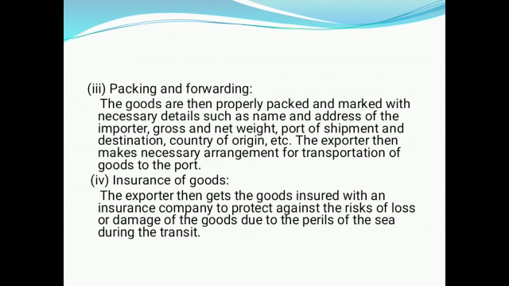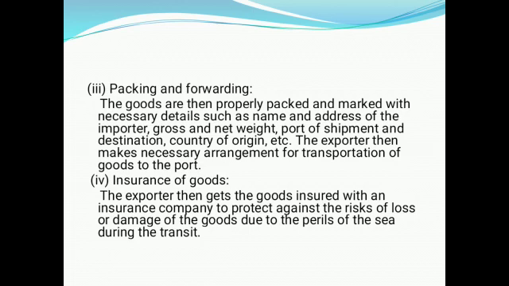So now, when it comes to packing, you need to mention everything on the goods you are going to pack: name, address, type of goods, weight, shipping destination, where it is going from and to, where you are going to keep it, the room numbers, means in exactly which compartment you are keeping it. You need to mention all these details, then only will the person who is receiving be able to identify and understand it.